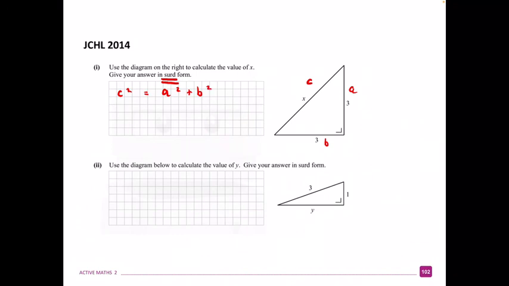C squared equals A squared plus B squared. This gives us C squared equals 3 squared plus 3 squared. Here, C squared is equal to 18. To solve for C, we square root both sides of the equation.